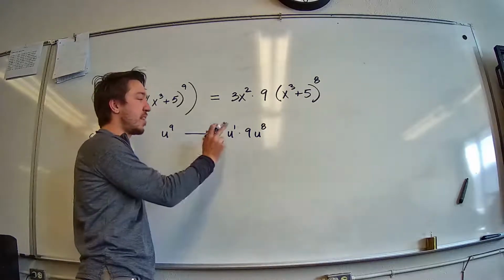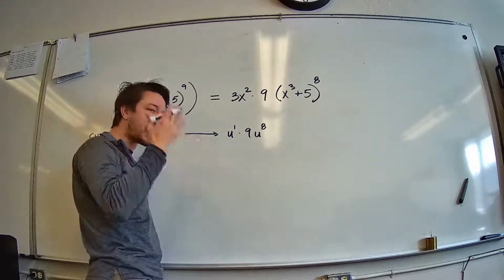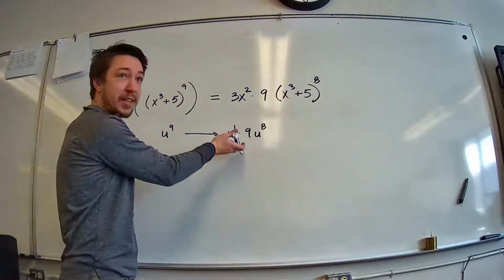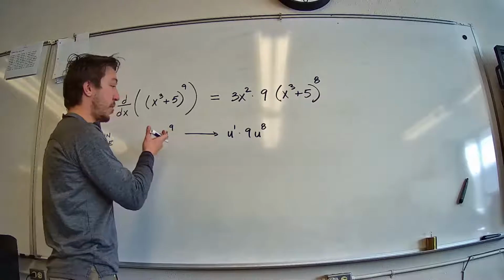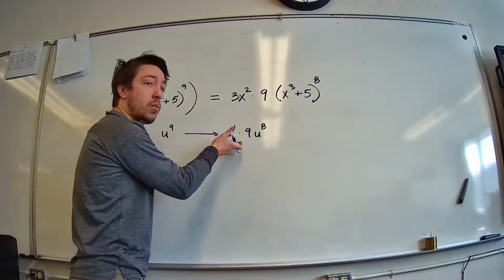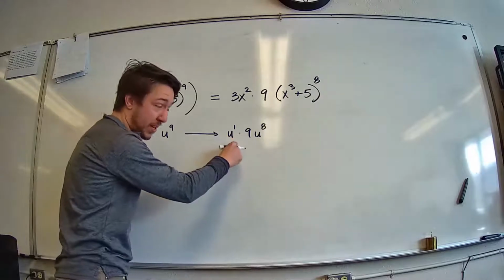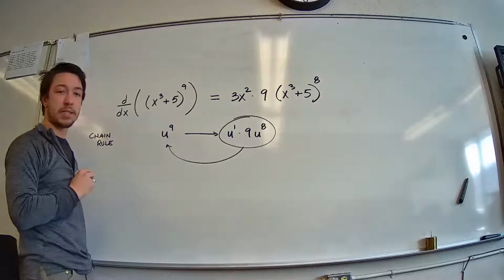When you take the derivative of this, u prime magically appears. So what must happen in the reverse case? U prime magically disappears. U prime must be there to begin with, and it's got to disappear. So when you take the derivative, u prime appears. When you take the antiderivative, u prime has to be there in the first place and then disappear. So the antiderivative of this would be that plus c.